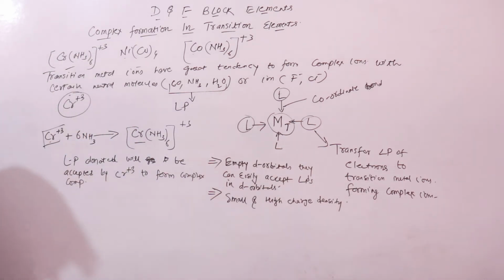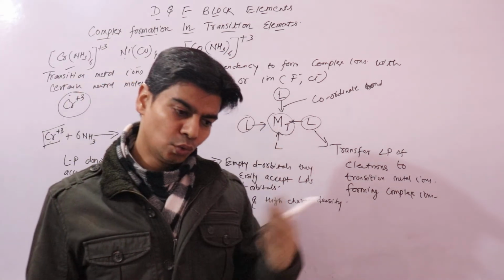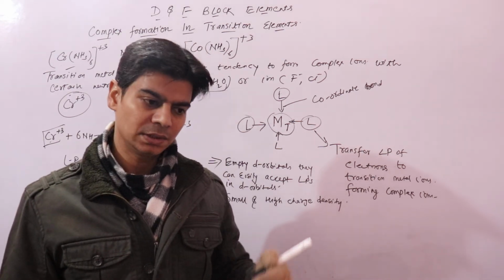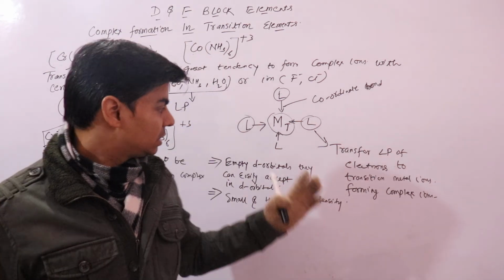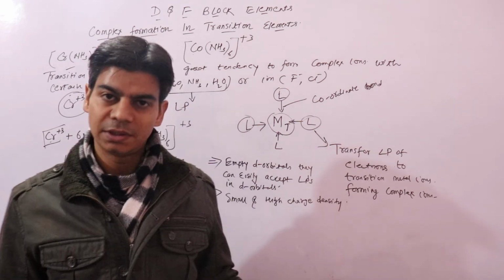And one important thing to understand here is that if a transition metal element has 2 oxidation states, then the stable complex will form in the higher oxidation state.